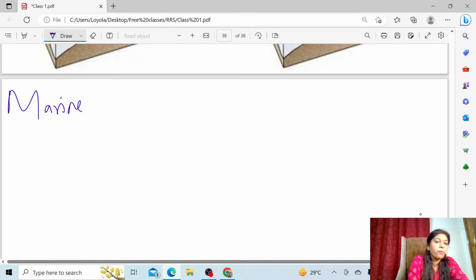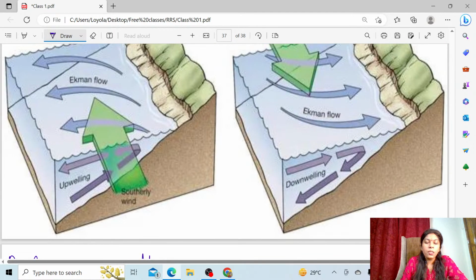What is marine upwelling? When you are talking about productivity, you should know what is marine upwelling. So see this diagram. In marine upwelling, what happens? When you go into an ocean, the lower layer will be cold compared to the upper surface water. So the lower layer of the water comes up.